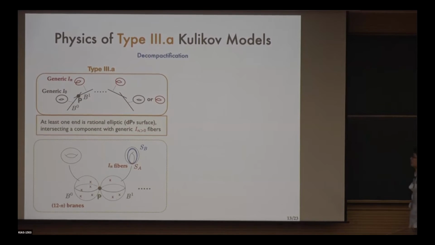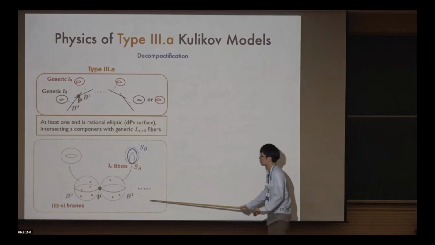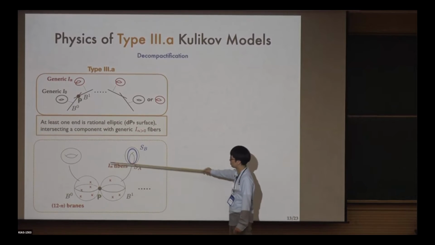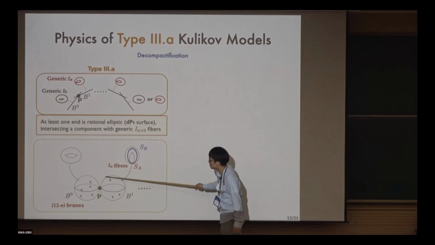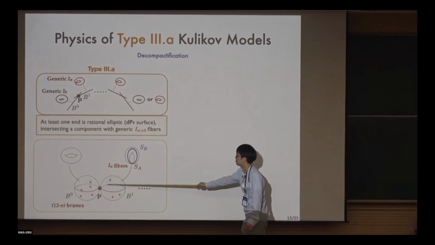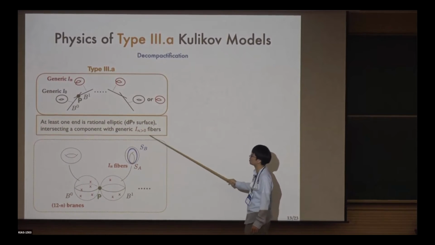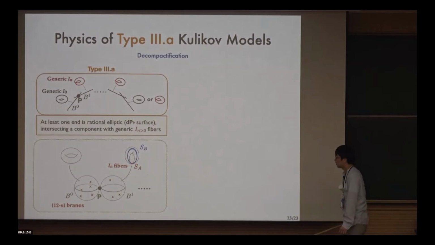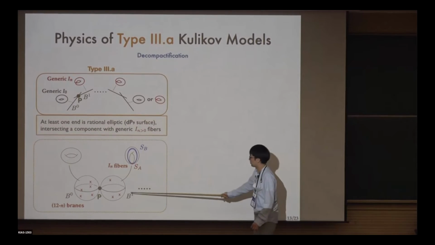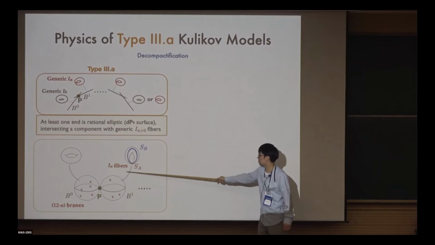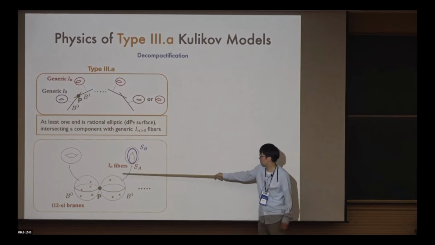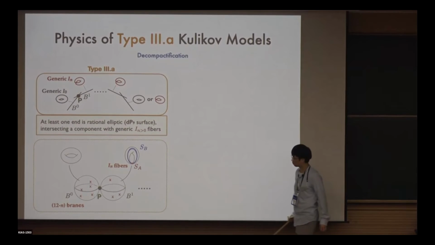Now let's draw this more realistically once again. Looking at one of the DP9 ends together with this other P1 that supports these singular I_N fibers generically. So in this picture, as I said, this P1 supports singular I_N fibers generically, and in these fibers, the A cycle is collapsing.